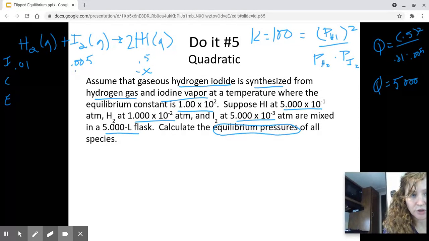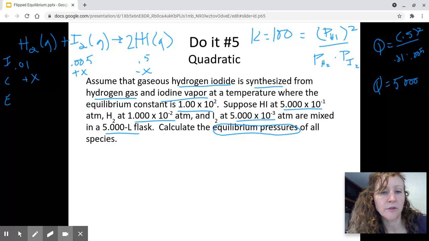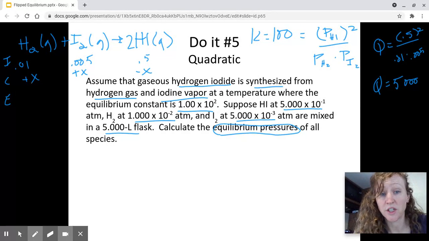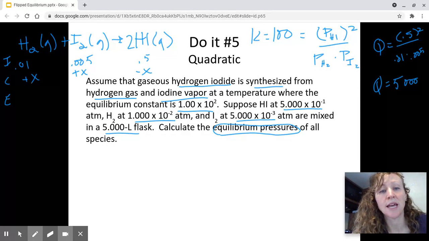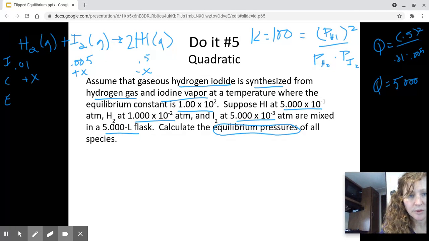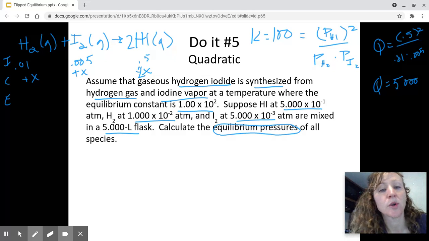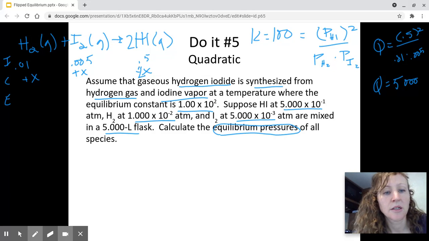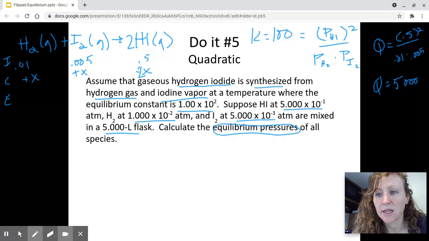Okay, so they're not all going to be the same amount of change because their coefficients aren't the same. So I can either do minus x for HI and then minus half an x for I2, or I can just double this one. I think I'm going to go that route. So minus 2x, plus x, plus x.